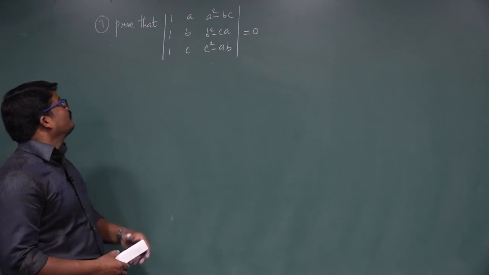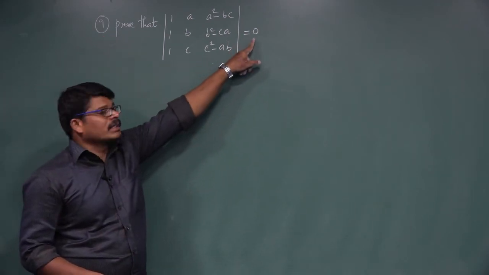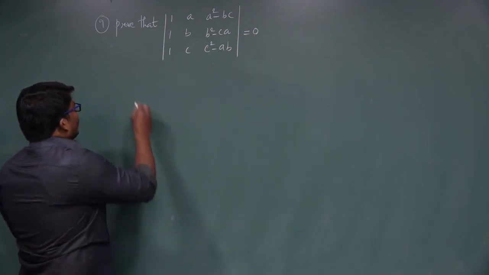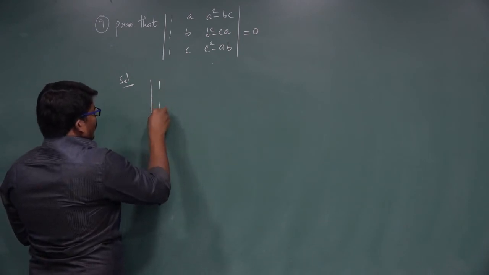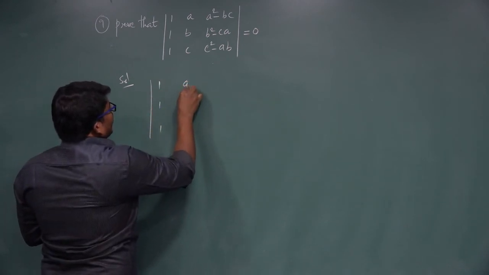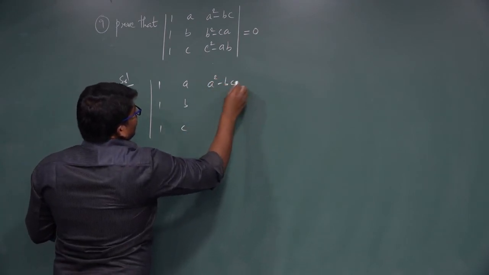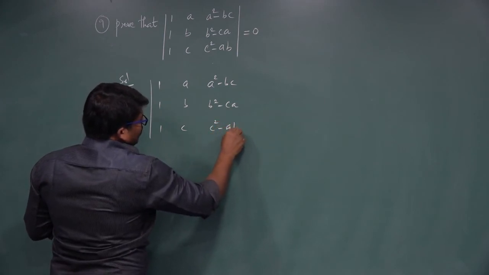Next problem, the ninth one: prove that the given determinant equal to 0. Taking the determinant, first column 1, 1, 1. Second column A, B, C. Third column A square minus BC, B square minus CA, C square minus AB.